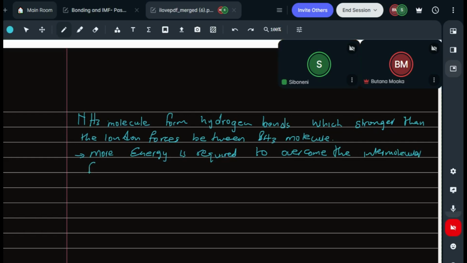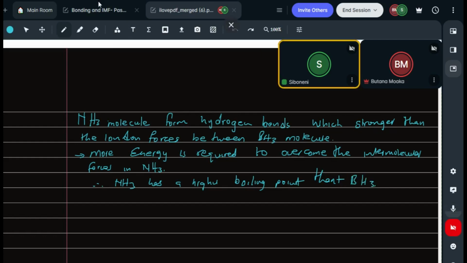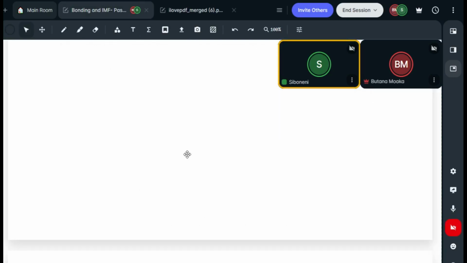Yes. Therefore, the NH3 has a higher boiling point than the BH3. Can we move to the next question? Let me just write it down, okay.